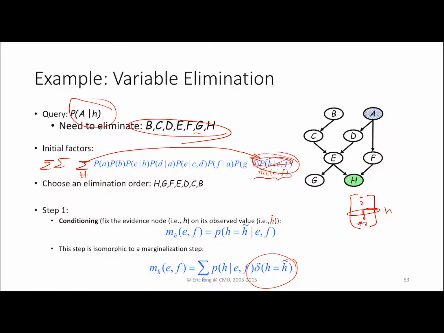I'm going to show the random variable that I'm removing here, and the rest of the variables that this message depends on are going to be inside the argument. Is that notation clear? So if I'm removing some random variable in the middle, let's call it t, it's going to be m_t, and the argument is going to be whatever is left that hasn't been integrated out. Okay, so that's the notation.